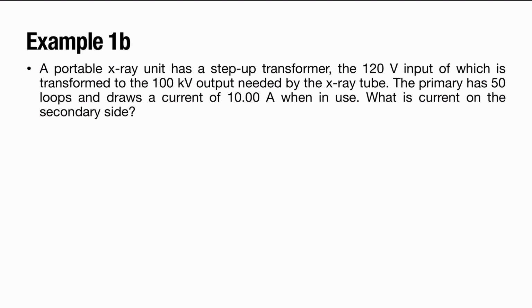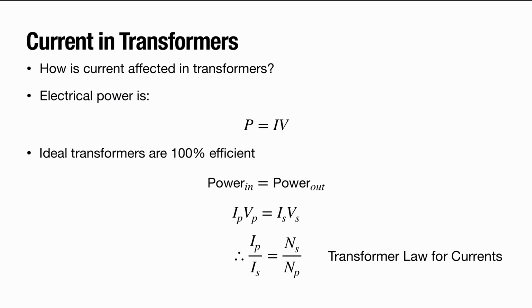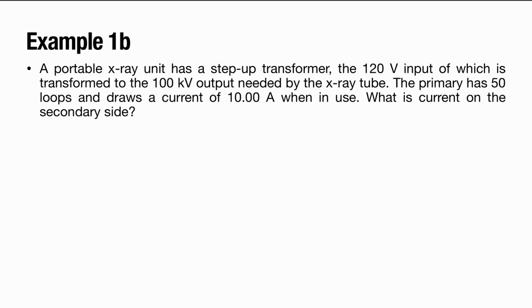So the law of currents looks like this: Ip over Is equals Ns over Np. This number you need to determine and post in the comment. Let's figure out what the current on the secondary side is.